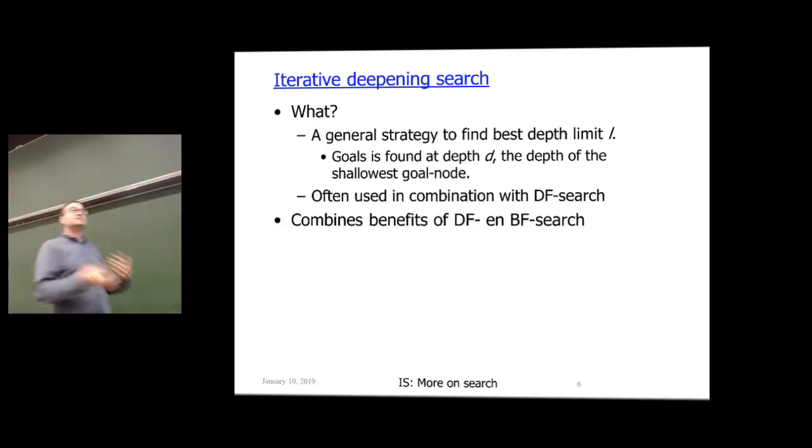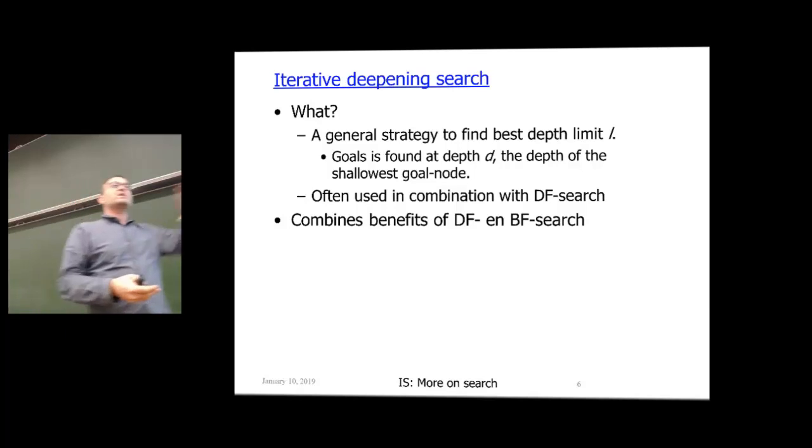And the idea is so simple that I sort of didn't understand it in the beginning. The only thing you have to do is to iteratively search with depth limited search and increase the depth of your search. And you do that by just throwing away what you've done before.